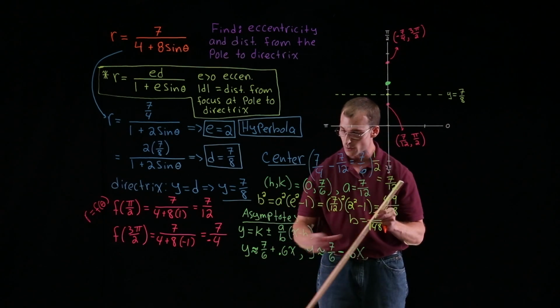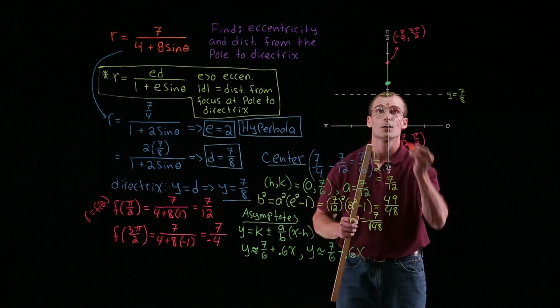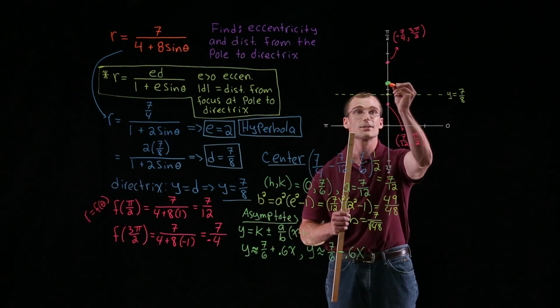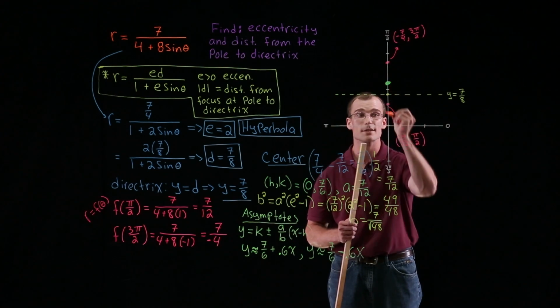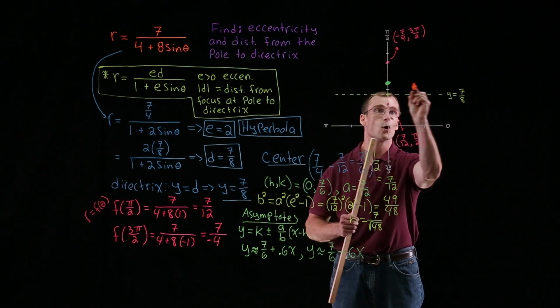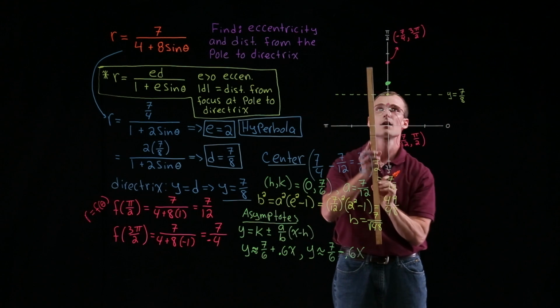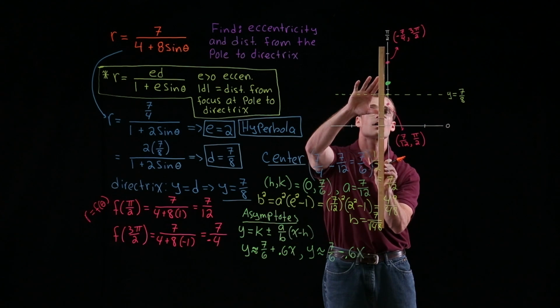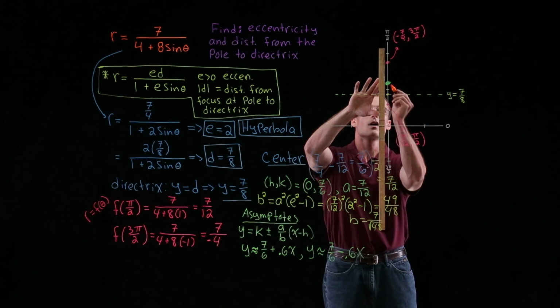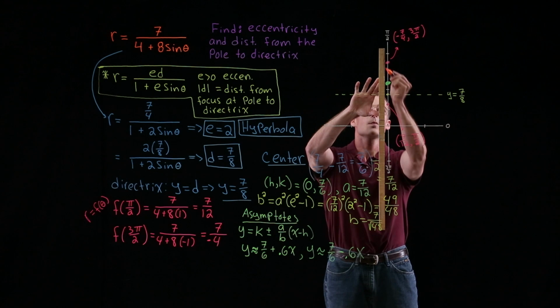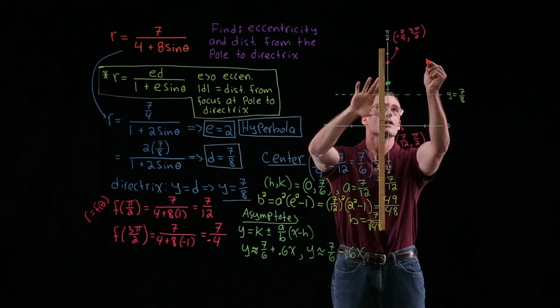Looking at our asymptotes, we'll start with the first one. Y-intercept at 7/6, slope 0.6, meaning if we go over 1, we'll go up approximately 0.6. So from the center, over 1, up about 0.6.